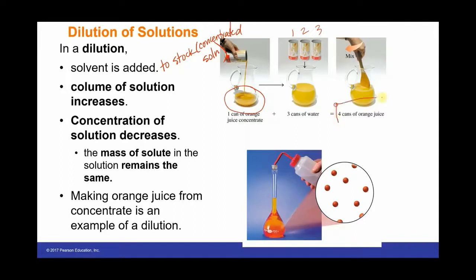Now we have a total of 4 cans, right? So if we were thinking of percentages or a ratio, this would be 1 to 3, and the total is 4. So this would be 25% solution. I'm sorry, let me take that back.